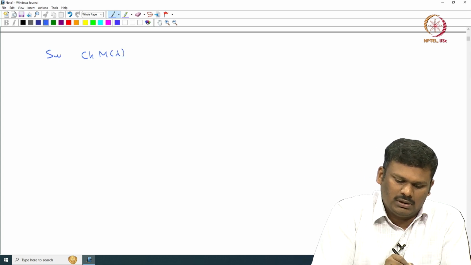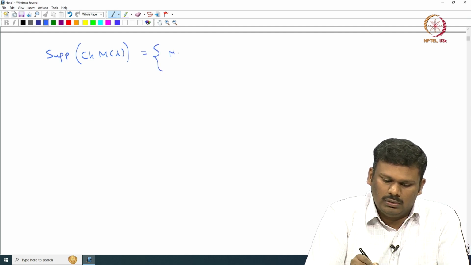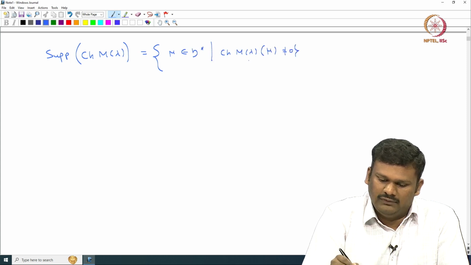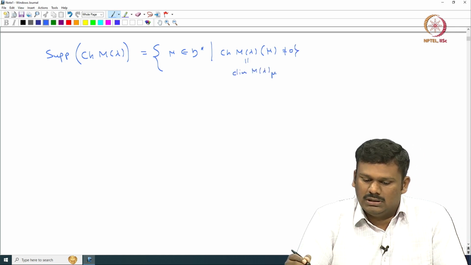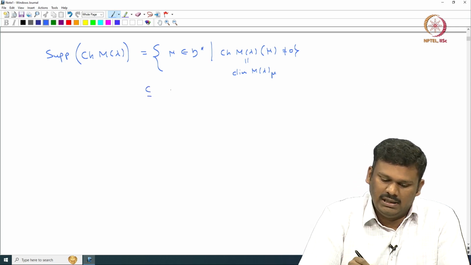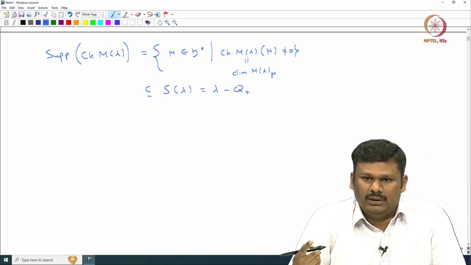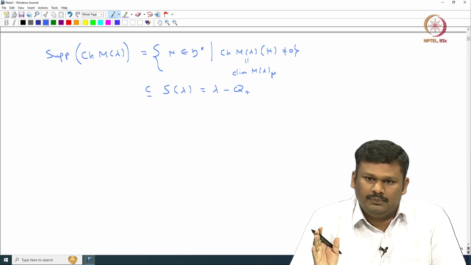If I look at what is called the support of the character of m of lambda, which is those mu inside H star such that the character of m of lambda at mu is non-zero, in other words, the dimension of m of lambda mu, so those multiplicities which are non-zero, then we see that this is indeed contained in S of lambda, which is by definition lambda minus q plus.